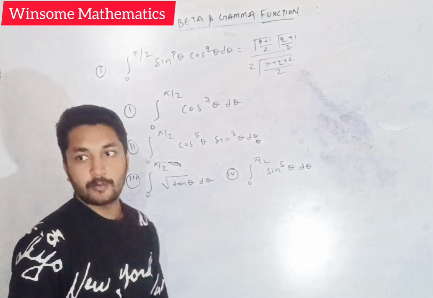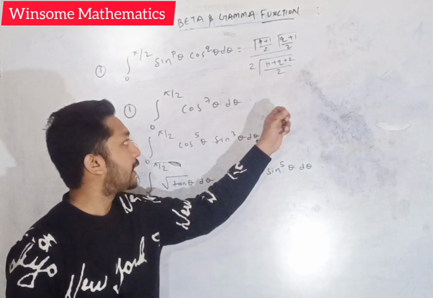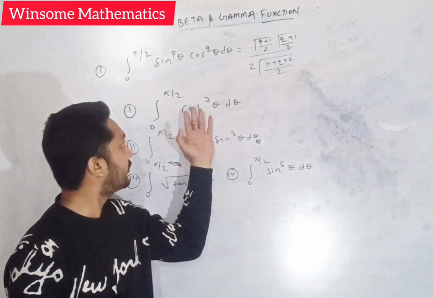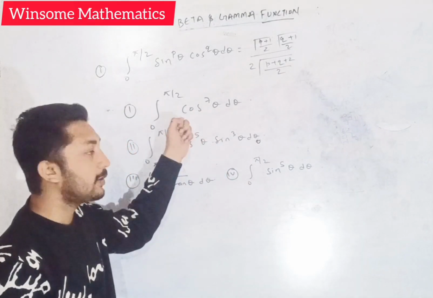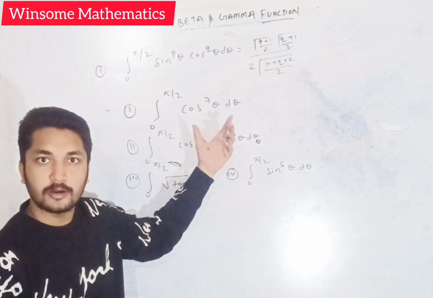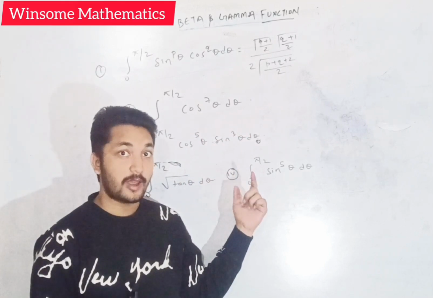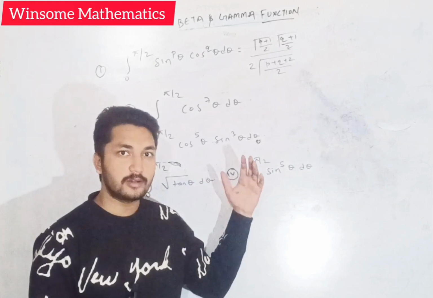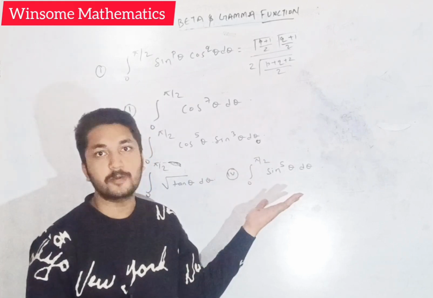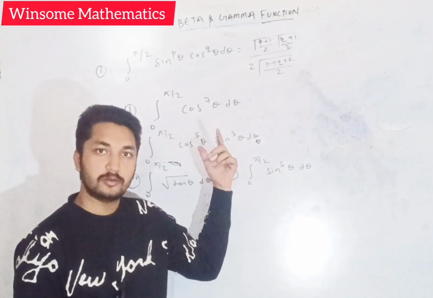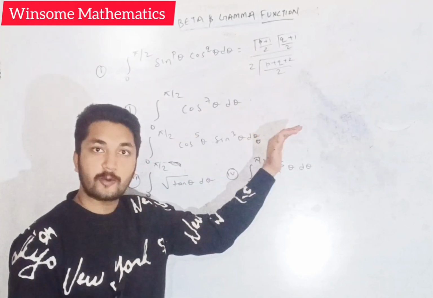These are some examples based on this formula. So how will you solve it? Very simple. The problem here is that we are not observing the term of sine. So what do we do? We need to introduce the term of sine. This is multiplied with 1, so how do we transform 1 here?